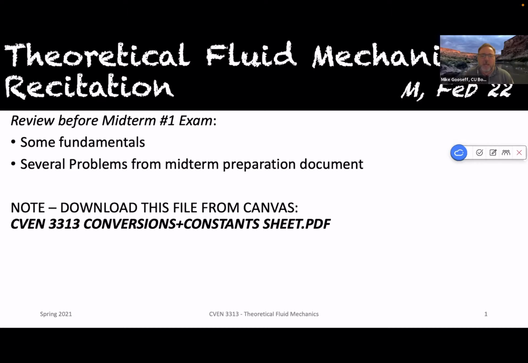I created, I think it's a 7-page document, this conversions and constants sheet. It actually might be the 8, but anyway, all I did was create this, just so you know what's on there. It's available on the midterm preparation module right now on the homepage for Canvas, and it'll show up in a couple of places.